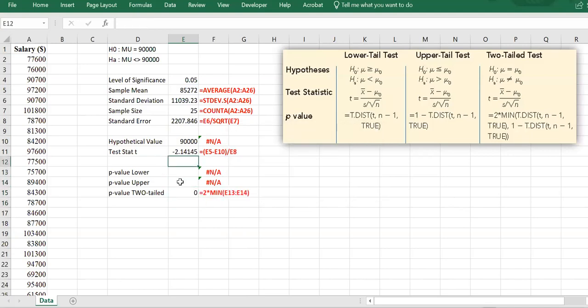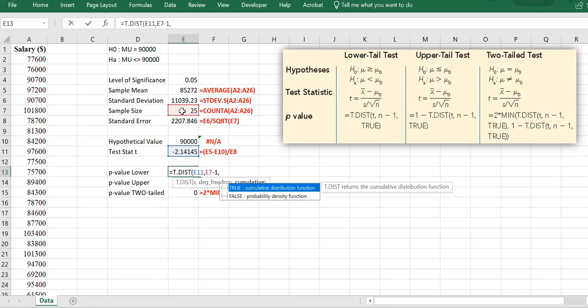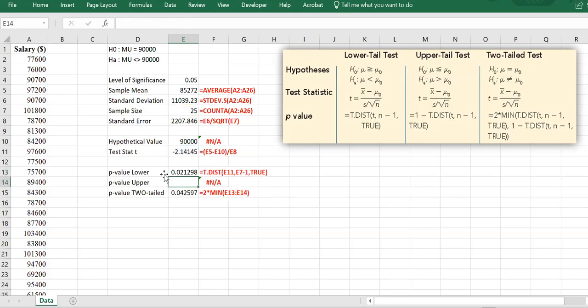Lower-tailed is going to be T.DIST of the test statistic, degrees of freedom n minus 1, sample size minus 1, and TRUE for cumulative. That's the p-value lower tail, and we already have the two-tailed p-value.